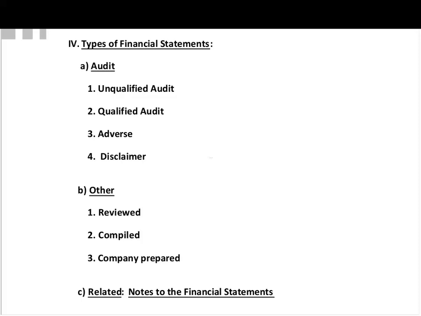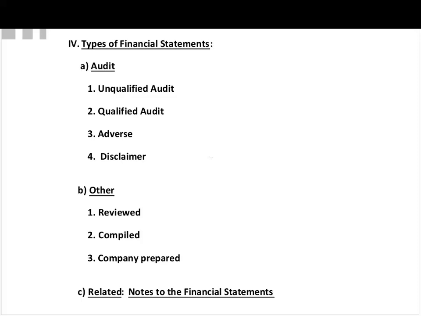The software is not the issue at hand. It's who is managing the software. The controller, the bookkeeper, the accounting staff. But what is a company-prepared financial? It's just company prepared. Generally considered not that high level. Even though QuickBooks is not the culprit, it's the individuals, once again, managing the QuickBooks.